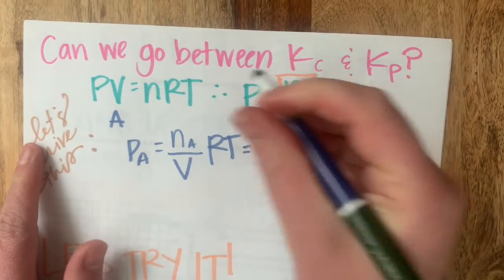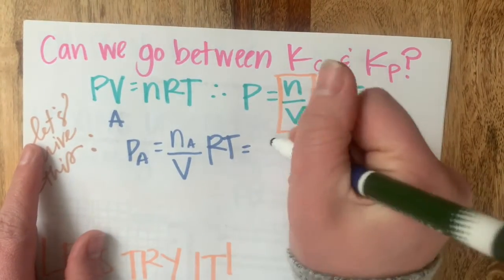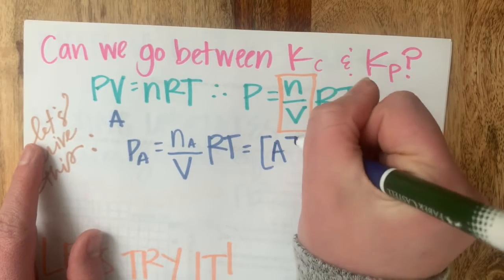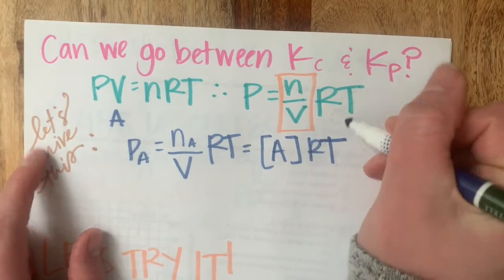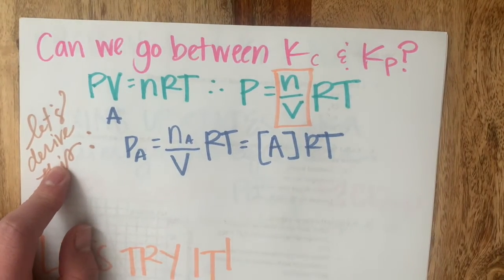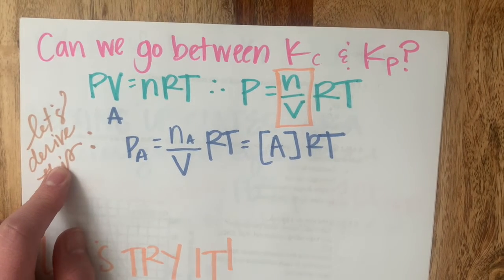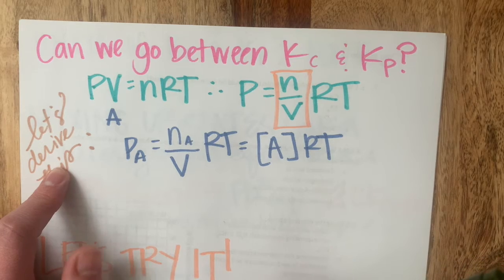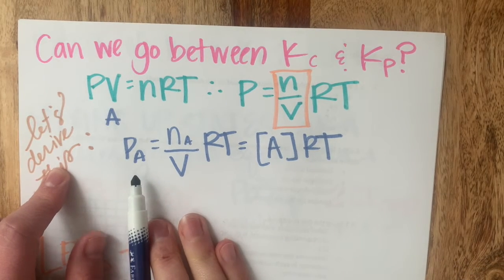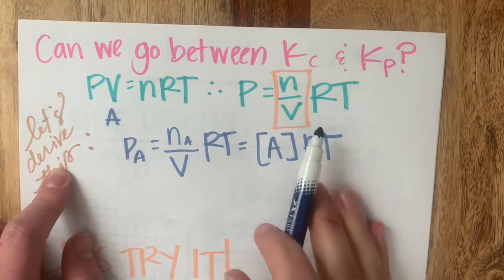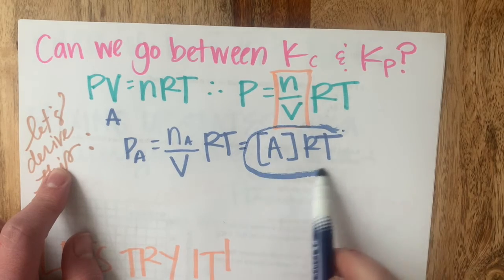How else we can write this is, let's just combine these terms right here and call it concentration of A, RT. I hope that's okay with everybody. Again, you aren't going to have to do this on your own. Okay. So now what we're going to get is the pressure is going to be equal to this amount here.